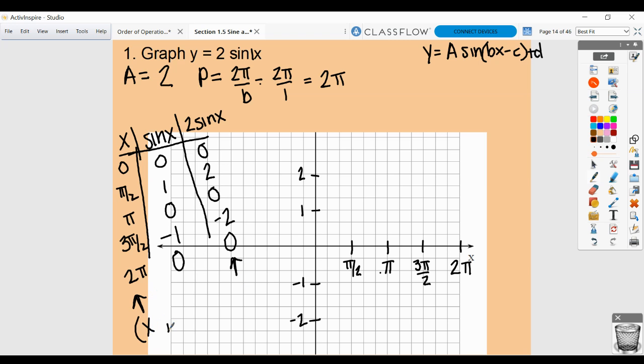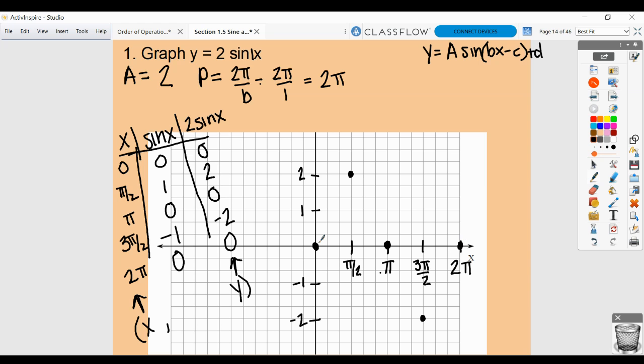This now is going to be your x and your y, your ordered pairs. So you'll have 0, pi over 2 and 2, pi and 0, 3 pi over 2 and -2, and 2 pi and 0.